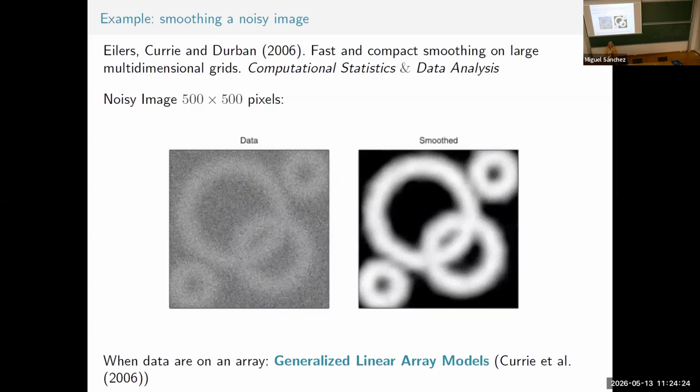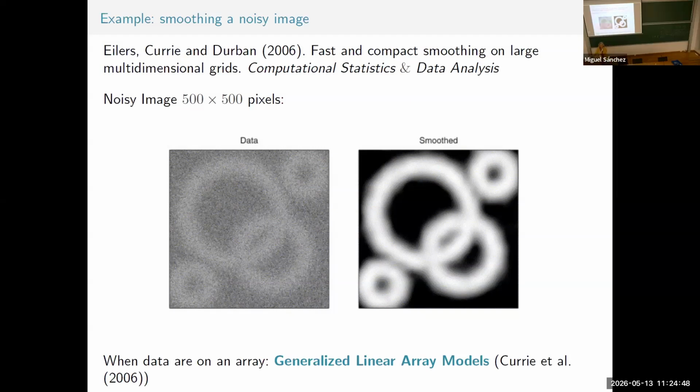Imagine MRI, where you have images over time, a cube. If you want to smooth that, you don't need to calculate the 3-dimensional tensor. You work with each dimension and then you rotate. So this is extremely fast.